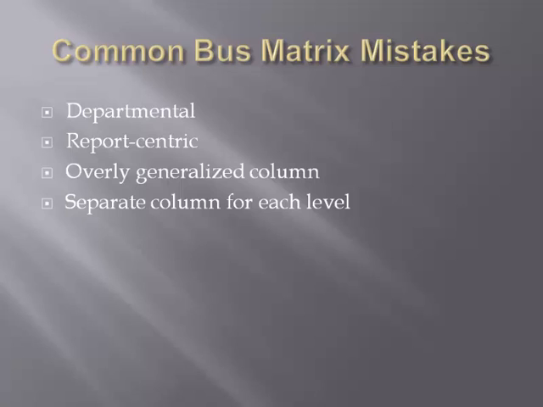Another one is overly generalized columns, which means that a column called name of person could mean many things, such as male, female, customers, vendors, etc. So don't overly generalize columns. Also, separate columns for each level, which means subdivision of the columns into subcategories, instead of making separate columns for each level, which makes things very difficult.